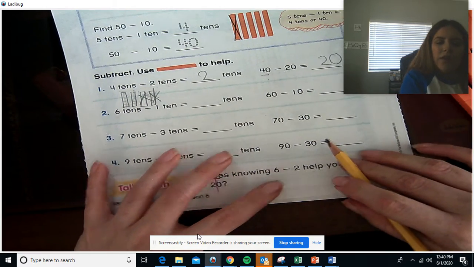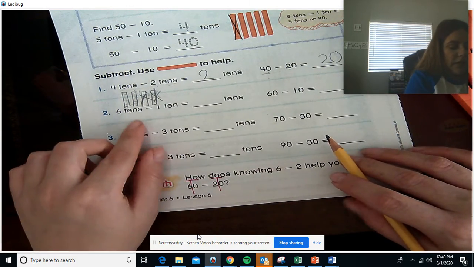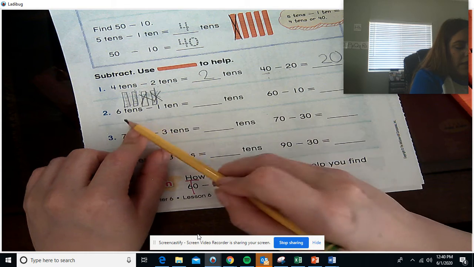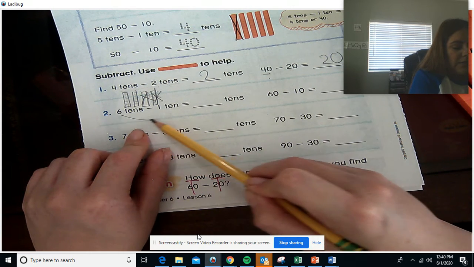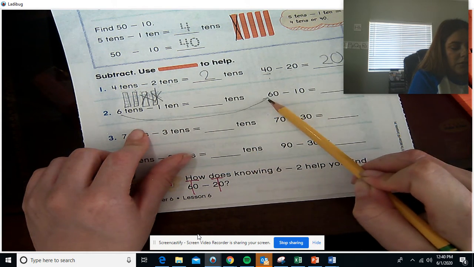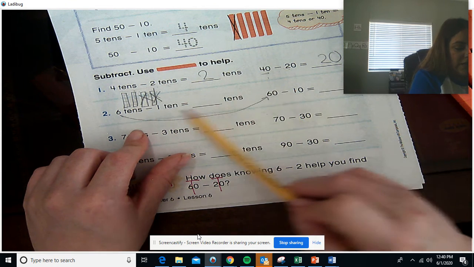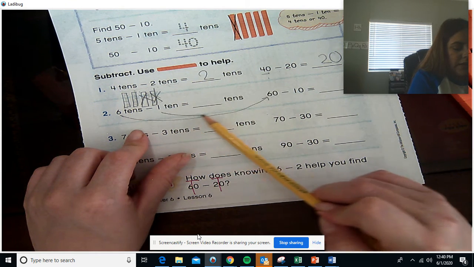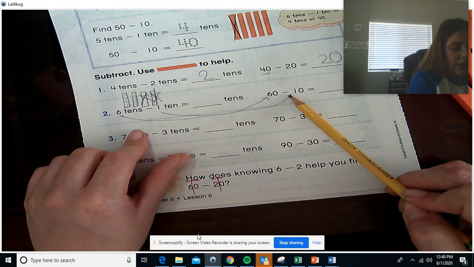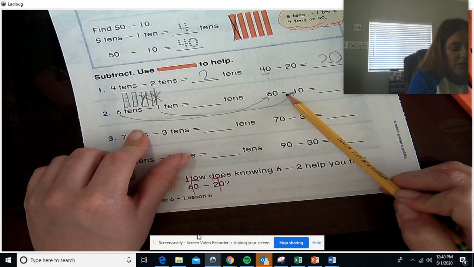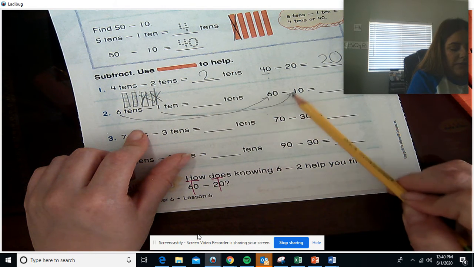Okay? Another way that we could look at it is, don't these look the same? The tens place value is this one. So really, 6 tens is 60, and 1 ten, we look at that place value. This is the tens place value.